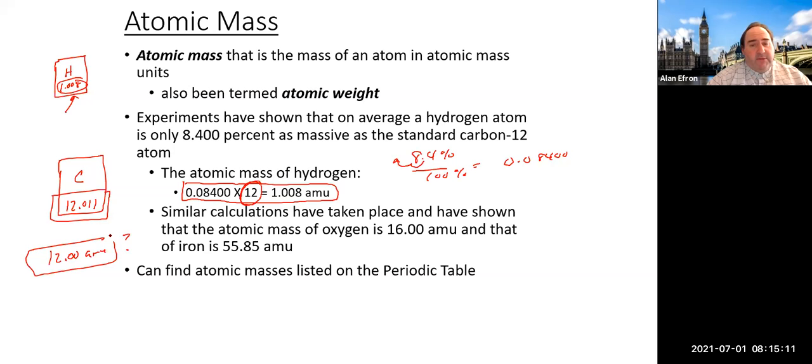What we actually see on the periodic table is the average atomic mass, although most people never call it the average atomic mass, they just call it the atomic mass. But it really is an average atomic mass. And what is it an average of? It's an average atomic mass of all the naturally occurring isotopes for that particular element.